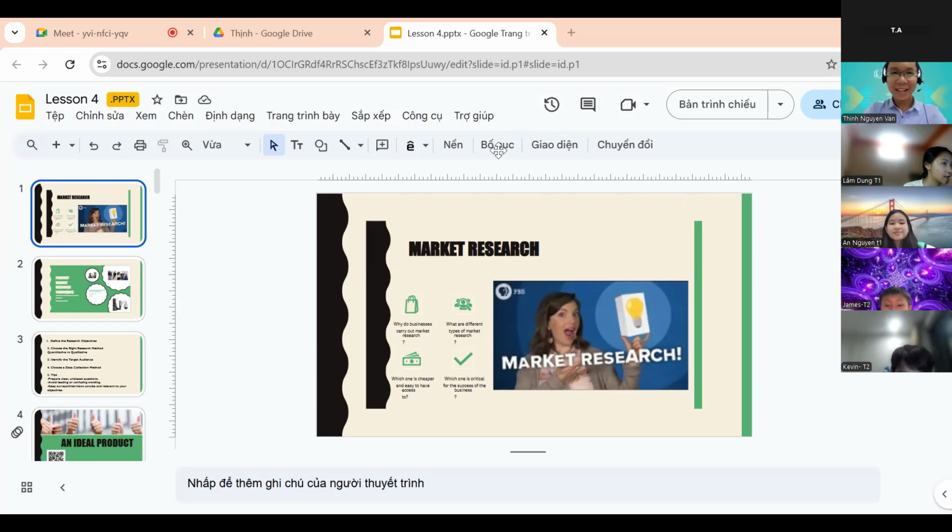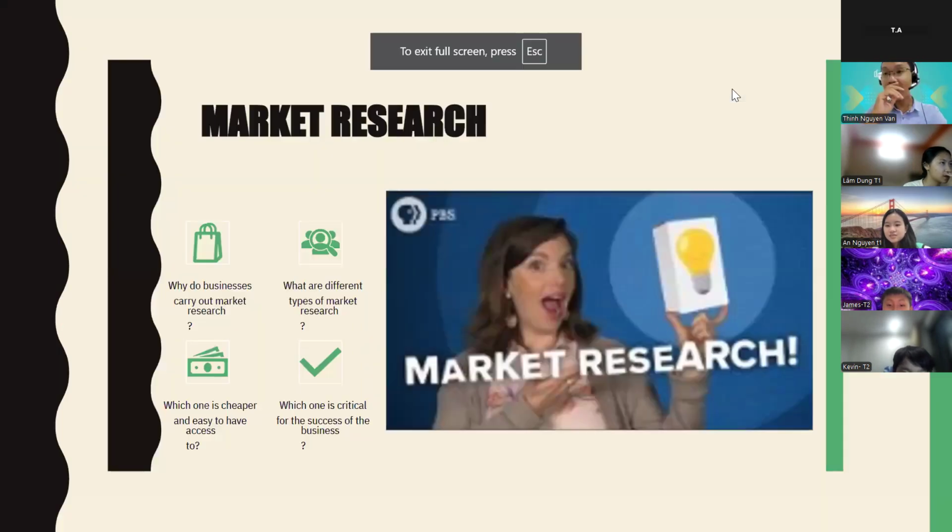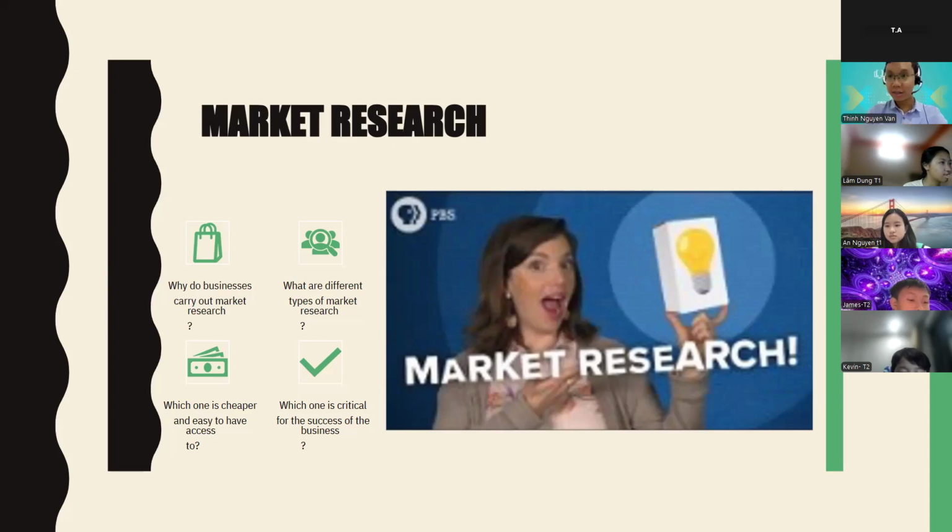Okay. All right. So I remember the last time we also studied how we can calculate your market share and how you can predict the market growth. Today we're gonna go on with that topic because you're gonna need to know how to do the research into the market to collect enough information.